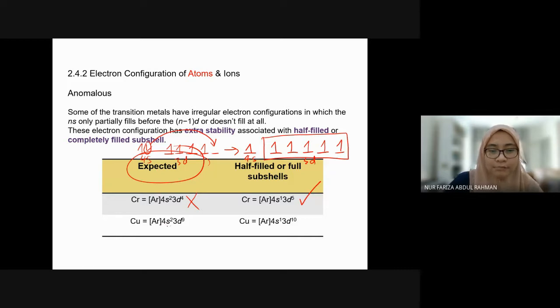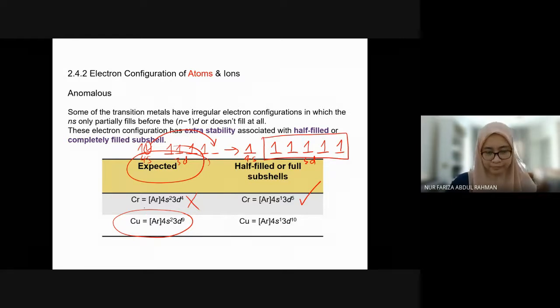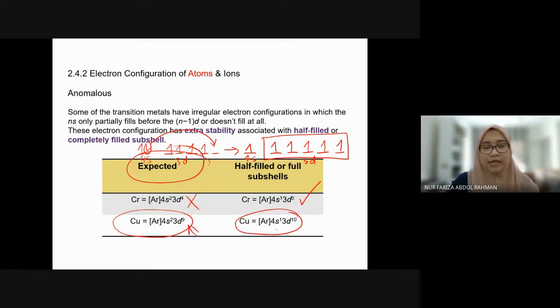Okay, the same goes for copper. So copper is also the same: 4s2, 3d9, this is what we expect based on copper's atomic number. But it is not like this. Instead, it is this. This is how the electron configuration should be written. So it should be 1, 2, 3, 4, 5. This is 4s, 3d.